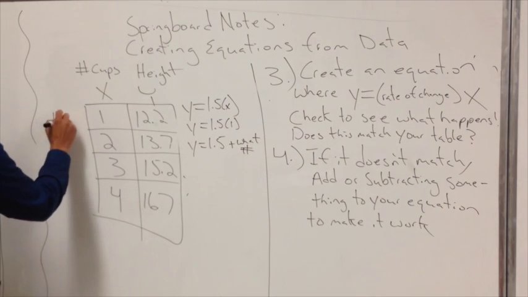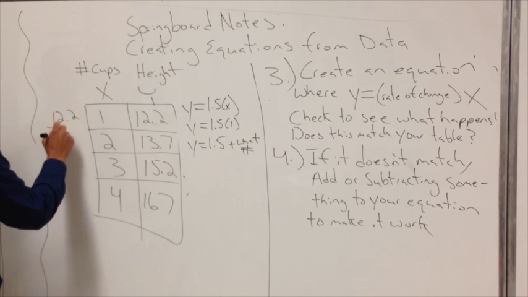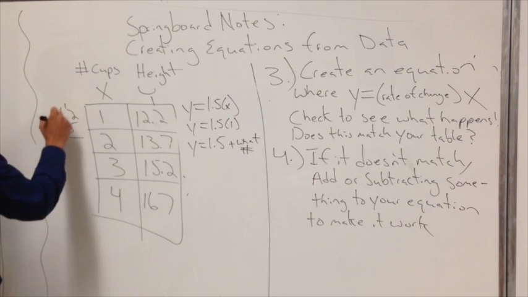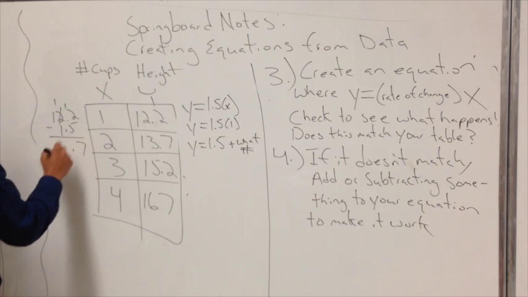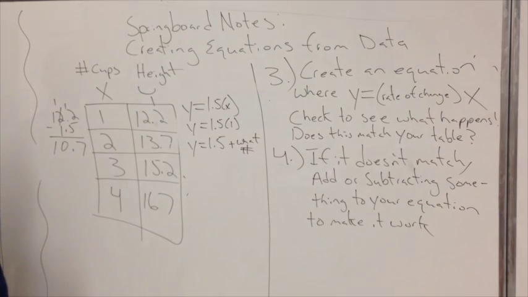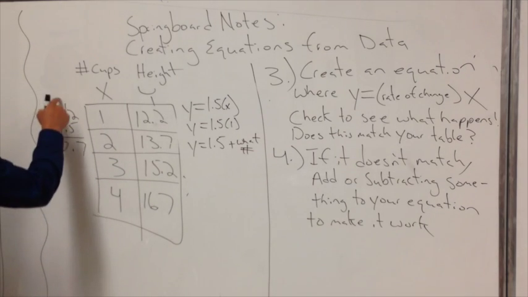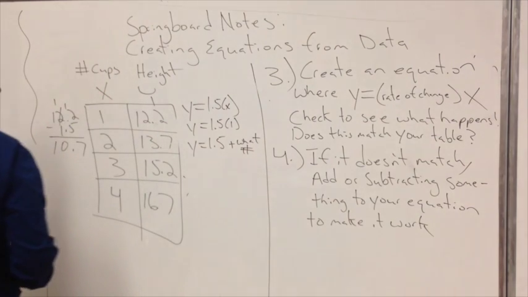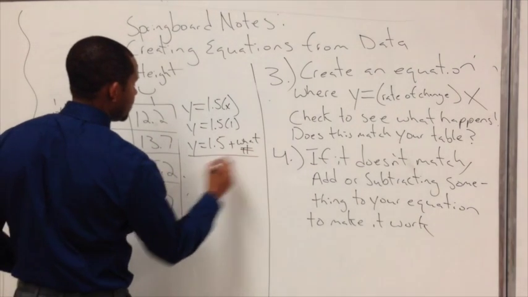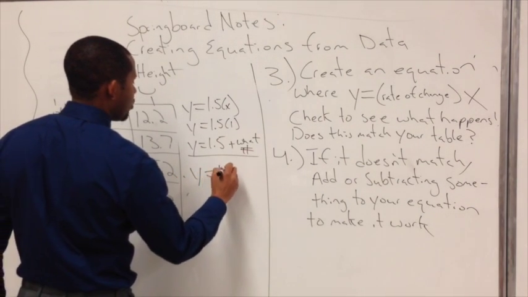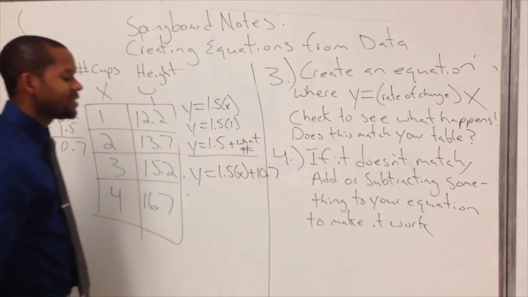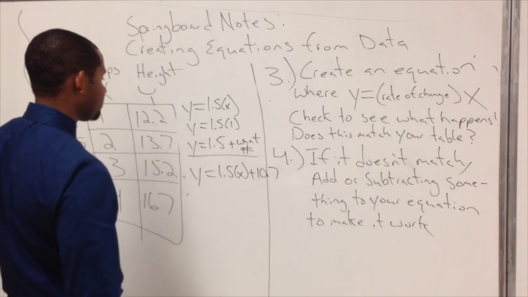So I can take 12.2 minus that 1.5 to figure out what I need to add to it. So let's see here. 12 minus 5 is 7. 10.7. So I'm thinking, well, what if I change this? And I now have y equals 1.5x plus 10.7.